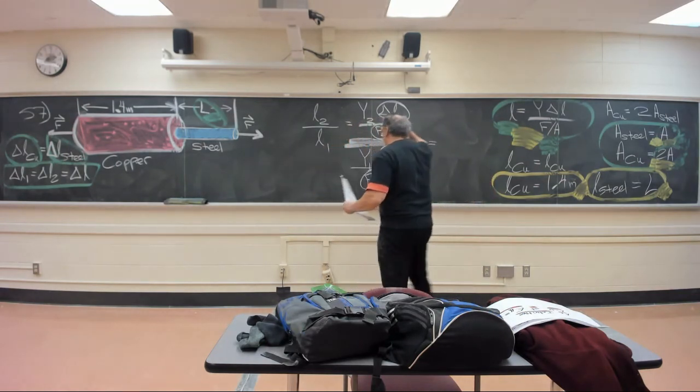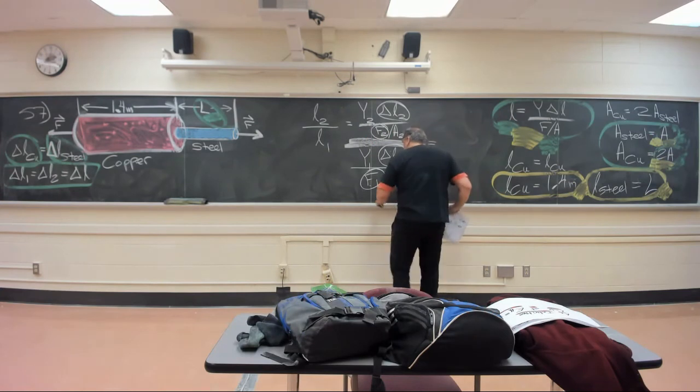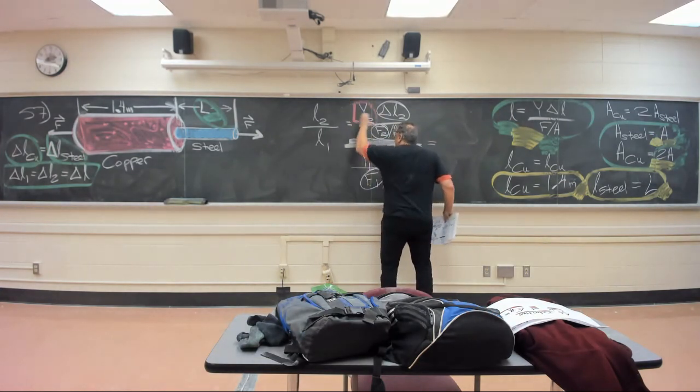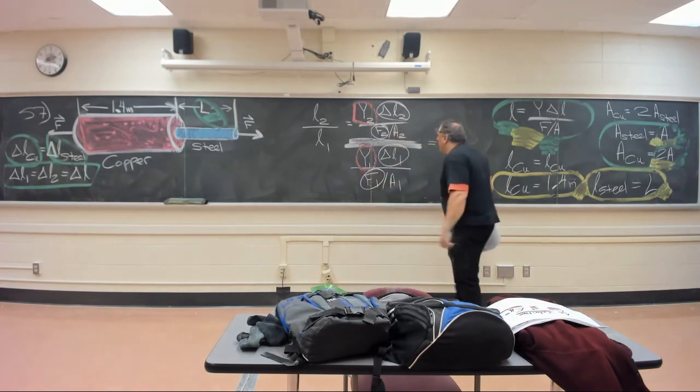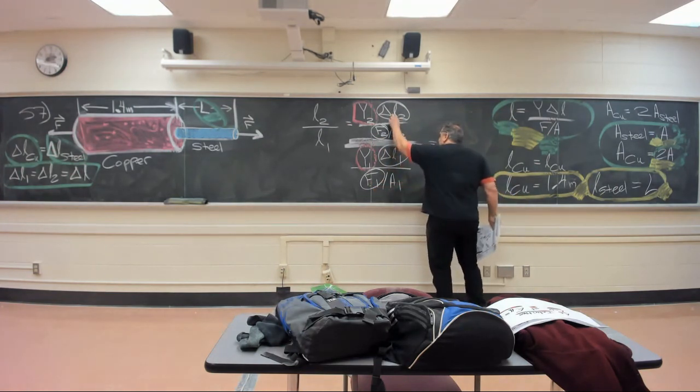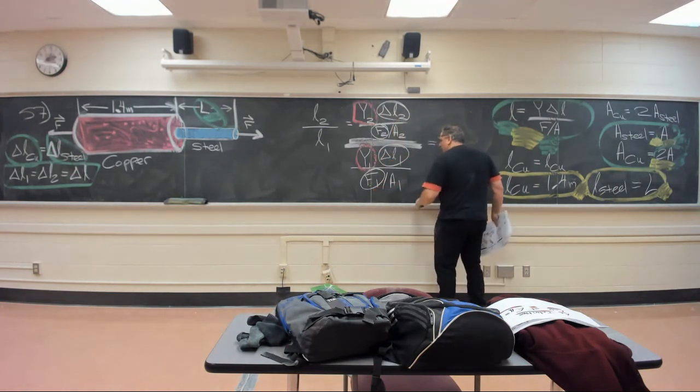They told us they're going to stretch the same amount. These guys are definitely different. Nobody's debating that. That's steel, that's copper. But F2 and F1 are equal. Delta L2 and delta L1 are equal.